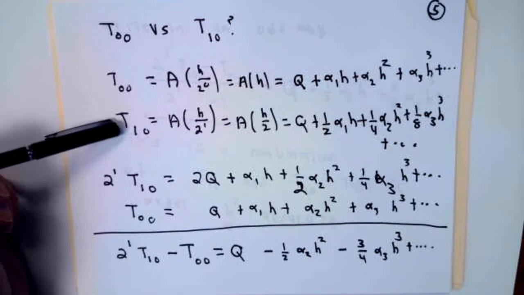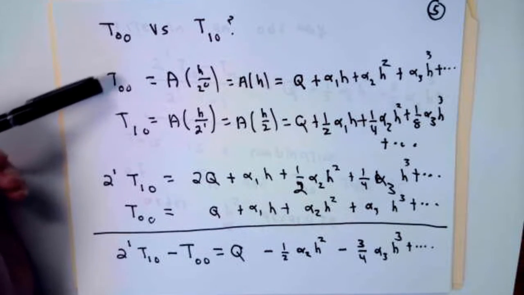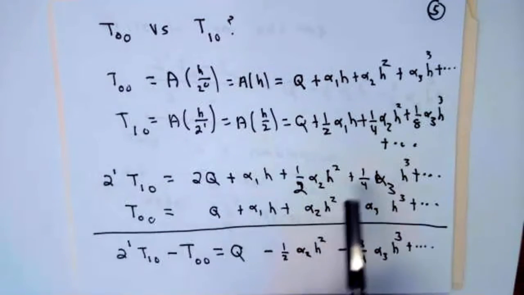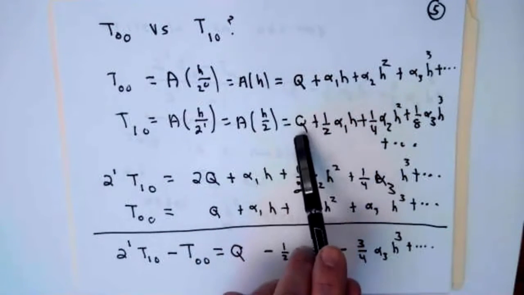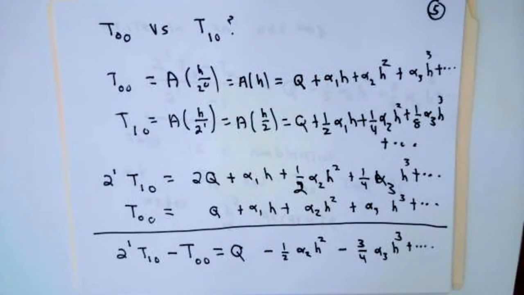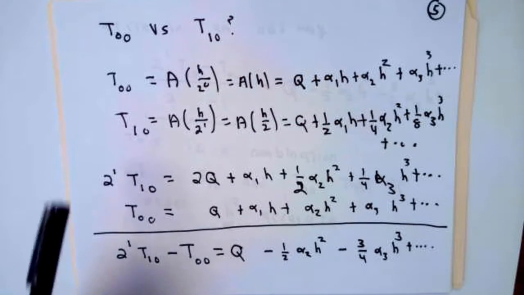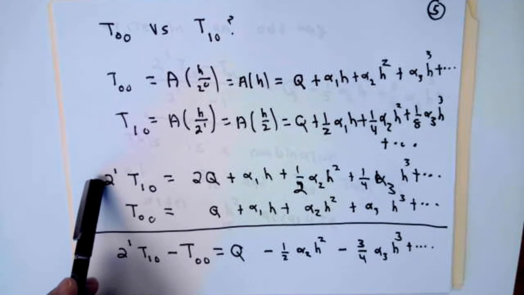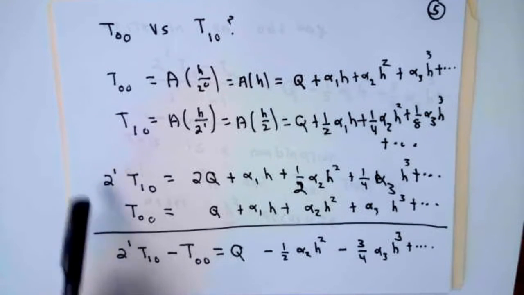If you look at these two formulas, T00 and T10, Q doesn't depend on the spacing, and this term and this term differ by a factor of 1/2. And that's what's going to tell me what to do here. I'm going to write this in a rather odd-looking way. I'm going to take T10 and multiply it by 2 to the 1 power.